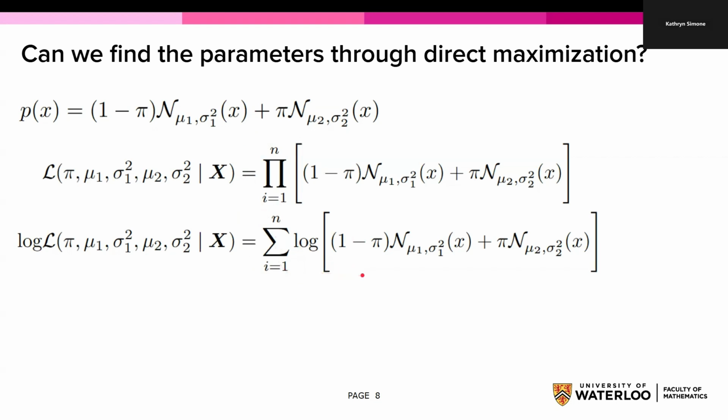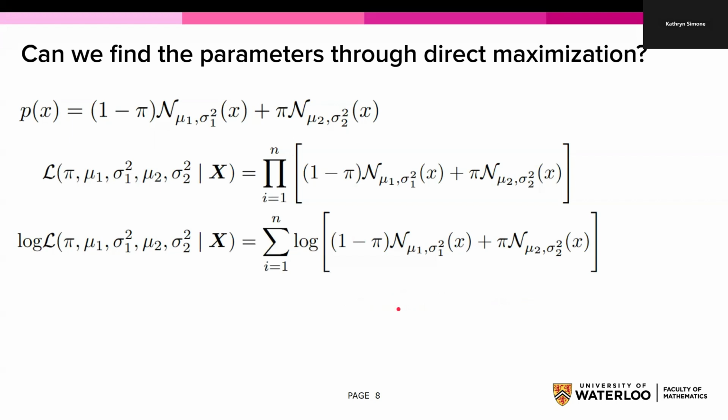But now this looks a little bit different to what we've been seeing in the past, because normally after taking the log, we'd expect to have a sum of logs, which makes it easy to take the partial derivatives with respect to each parameter. But in this case, now we've actually got the log of a sum, and that makes things a bit more complicated.